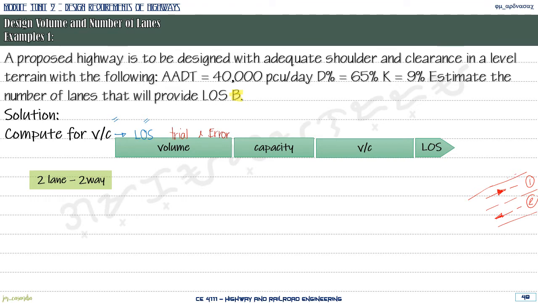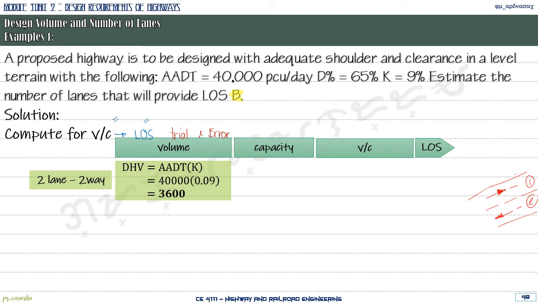So for our volume, that will now be under DHV since it's 2-lane, 2-way. So DHV is simply your AEDT multiplied to the K value. Substituting now our values for 40,000 and 0.09, we'll now arrive at DHV for a 2-lane, 2-way is 3,600.